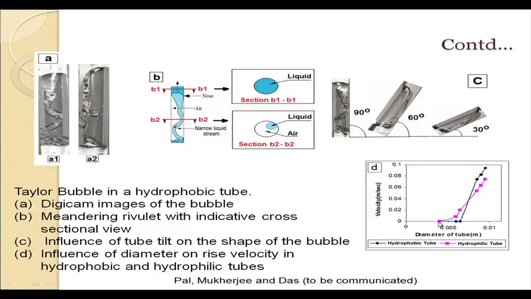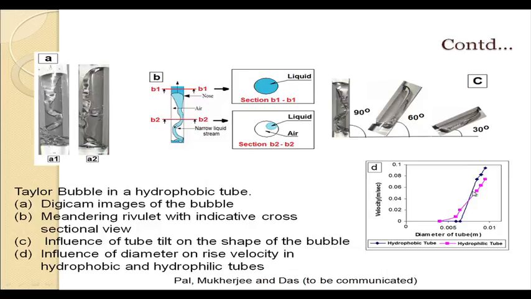Or in other words, the bubble begins to rise with buoyancy at a higher diameter in a hydrophobic as compared to a hydrophilic pipe. But once it begins to rise, the rise velocity in a hydrophobic pipe is higher as compared to the rise velocity in a hydrophilic pipe.